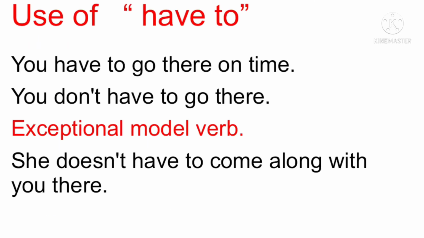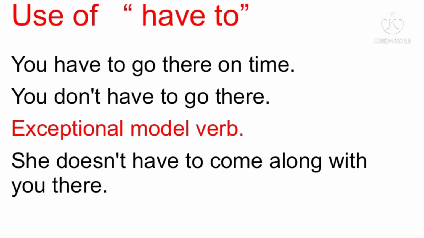Now, as I was telling you about one exceptional modal verb, it is "have to." Remember, this is the only case where you can add "to." See here, the sentence is: you have to go there on time. You don't have to go there. So here you can add the extra word "don't."